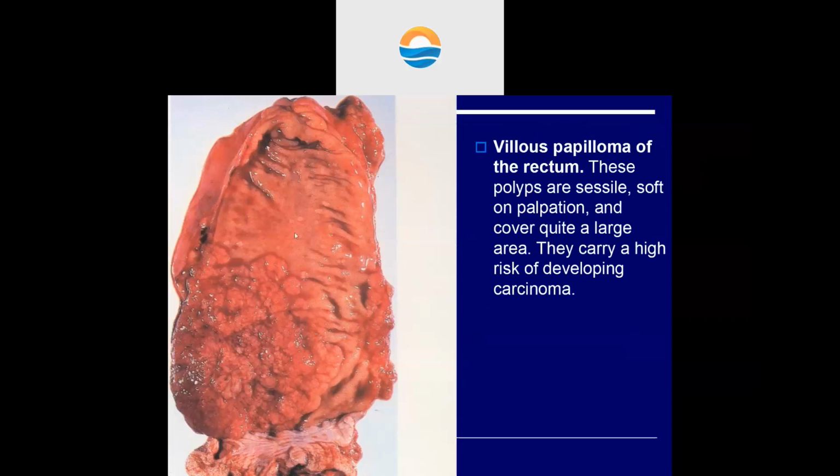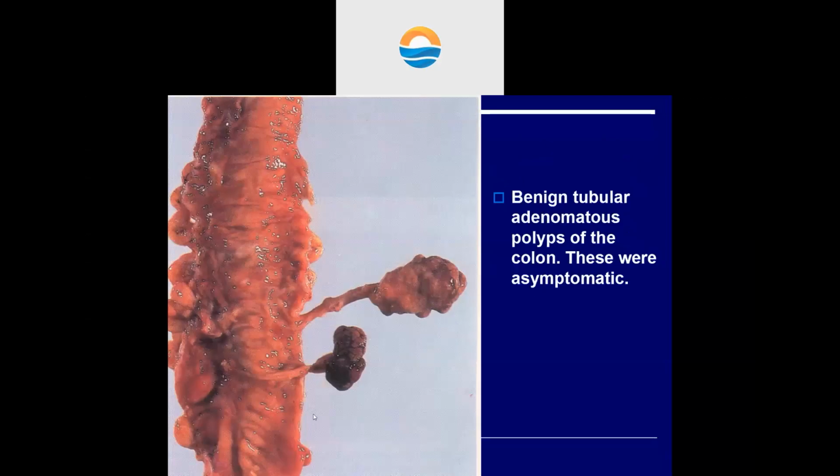Here you see the villous papilloma of the rectum. These polyps are sessile, soft on palpation, and cover quite a large area. They carry a high risk of developing carcinoma. This is a particular kind of villous papilloma.